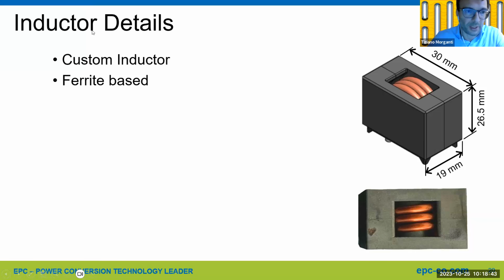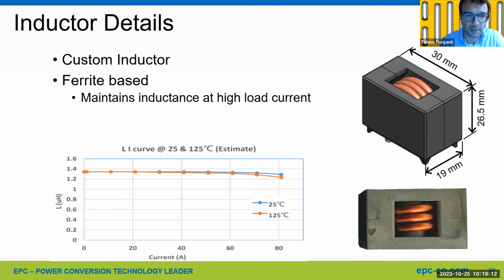Then an overview of the inductor. So we were using in the past, in the first version of the boards, a Vishay molded inductor, which was showing higher losses in the core. So we upgraded our boards with this custom inductor, which is based on a gapped ferrite core, and it's slightly higher inductance.